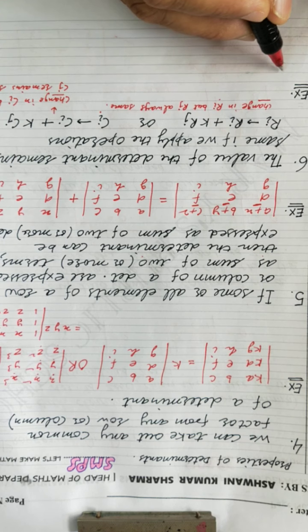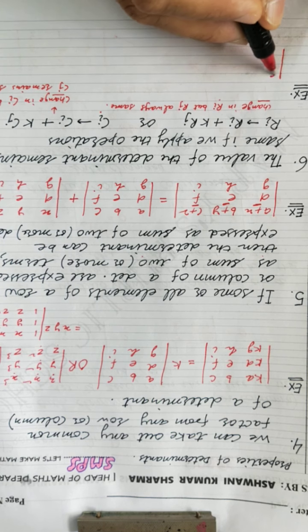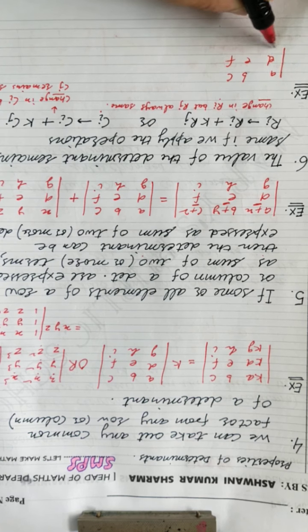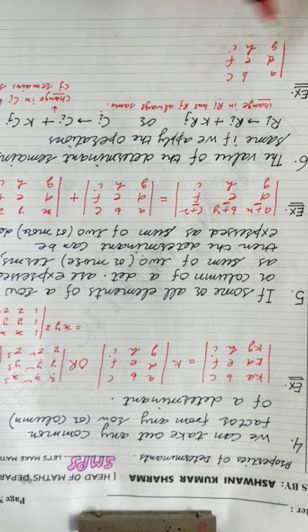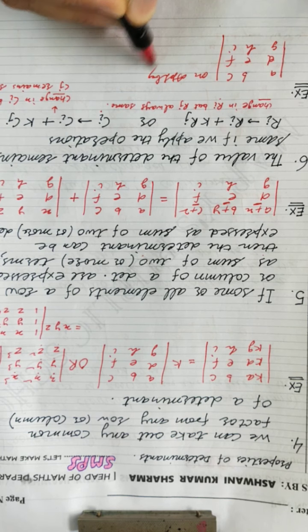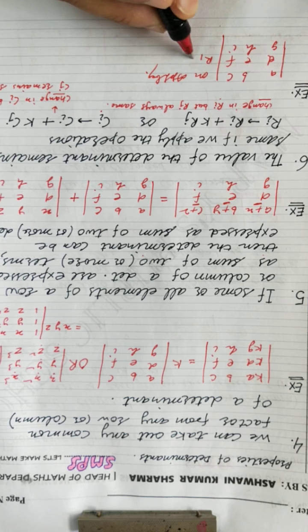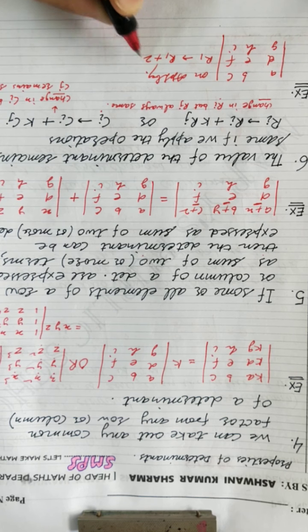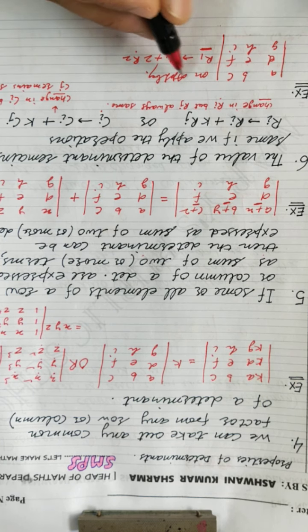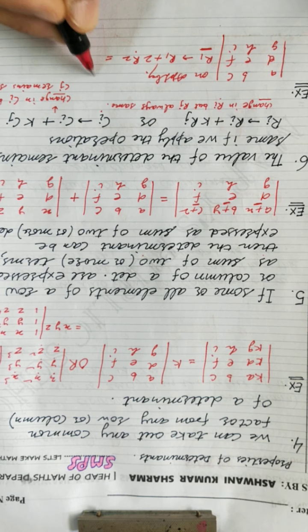With the help of an example you can understand it. We will take a determinant a, b, c, d, e, f, g, h, i. On applying R1 tends to R1 plus 2R2, there is a change in R1 only. There is no change in R2. So after applying this operation, what will you get?